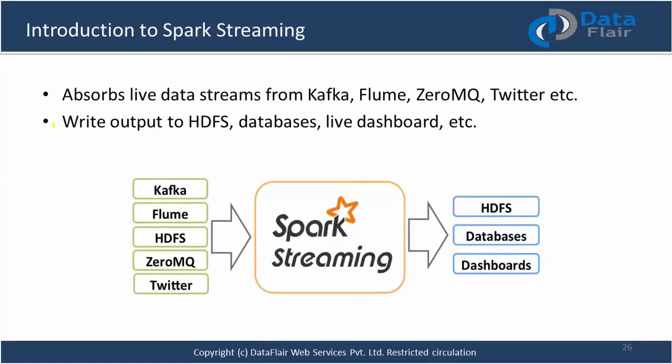So guys, it absorbs live data streams from Kafka, Flume, ZeroMQ, Twitter, etc. Out of which, if I highlight the most used data source, it is Kafka. Kafka, guys, if you have heard, is a distributed messaging queue.